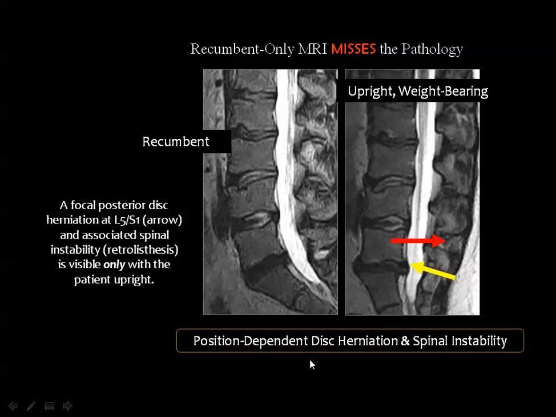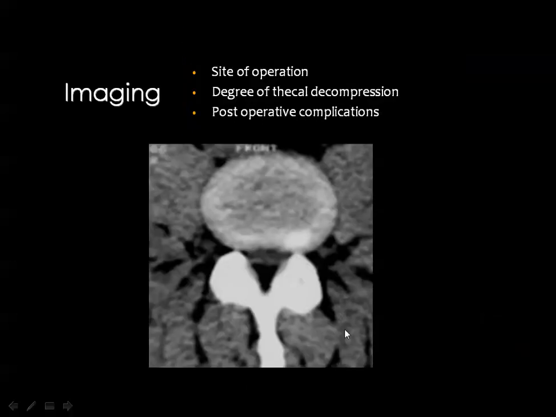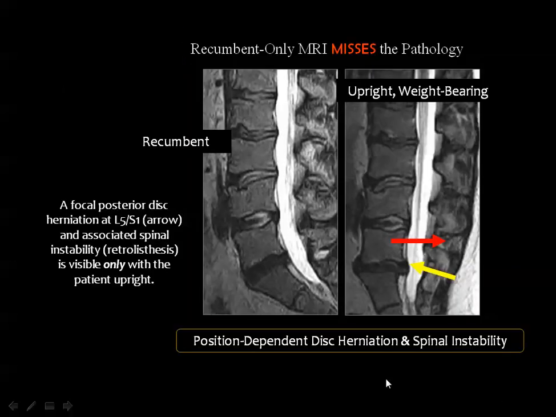Then you can appreciate the difference between both scans, where in the upright position there is some retrolisthesis of L5 over S1, and there is also a prominent disc lesion at L5-S1, which was not appreciated very well in the recumbent position.